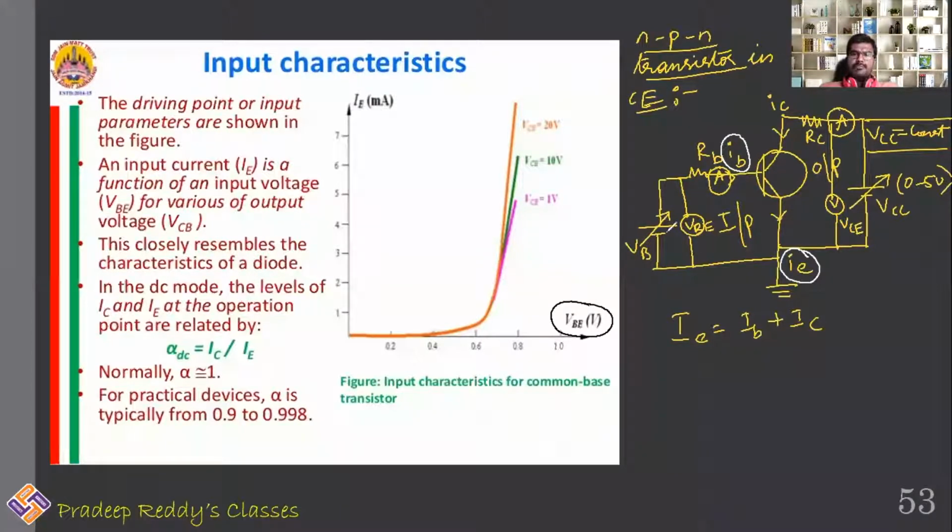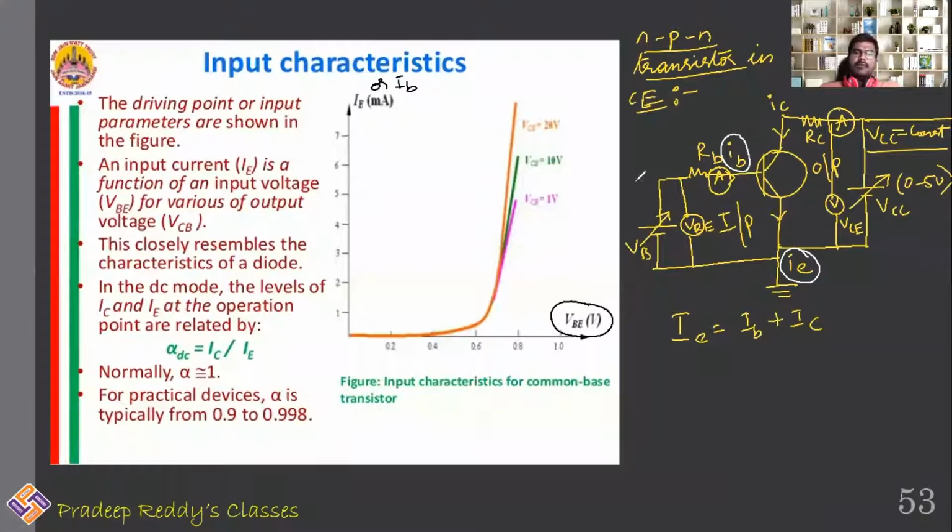So corresponding to this voltage VBE, you will be getting IB as well as IE. You can plot this as IE, or you can even take IB. That's not at all a problem. Characteristics will be the same. IB and IE both can be taken along the y-axis.